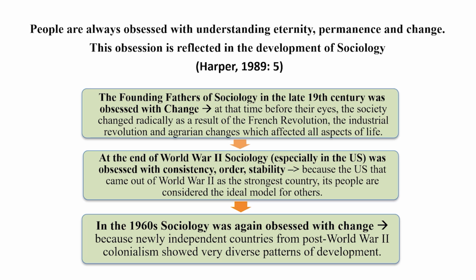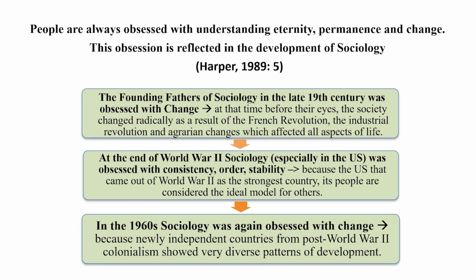Almost a century later, the attention of sociology shifted from social change again to stability and order. This is as a response to the 2 world wars that brought destruction and the loss of millions of human lives.